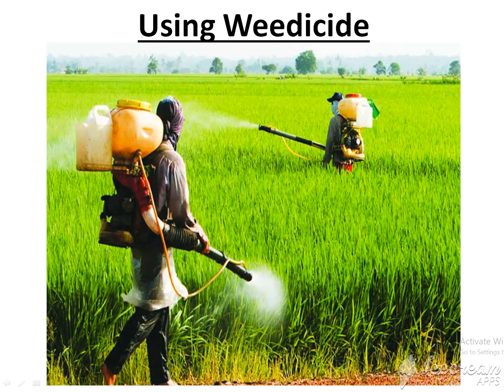Next method of weeding is by using weedicides. What are weedicides? Weedicides are the chemicals used to destroy weeds. A weedicide is a chemical that is used to destroy weeds.